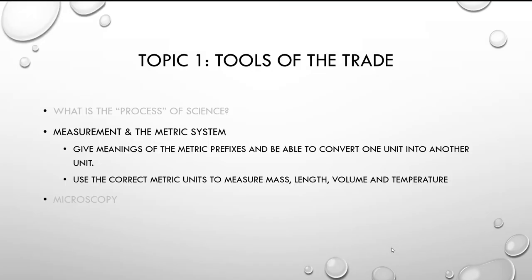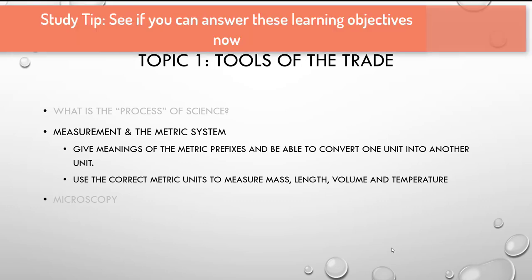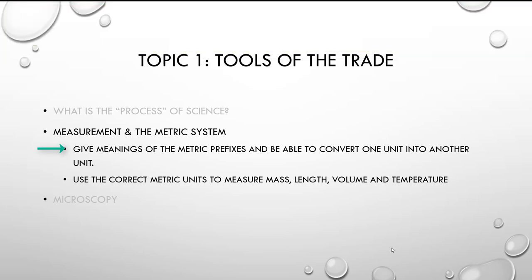All right, so by now you should be able to give meanings of the metric prefixes: kilo, centi, milli, micro, and nano, and be able to convert one unit to another. And also use the correct metric units to measure mass, length, volume, and temperature.